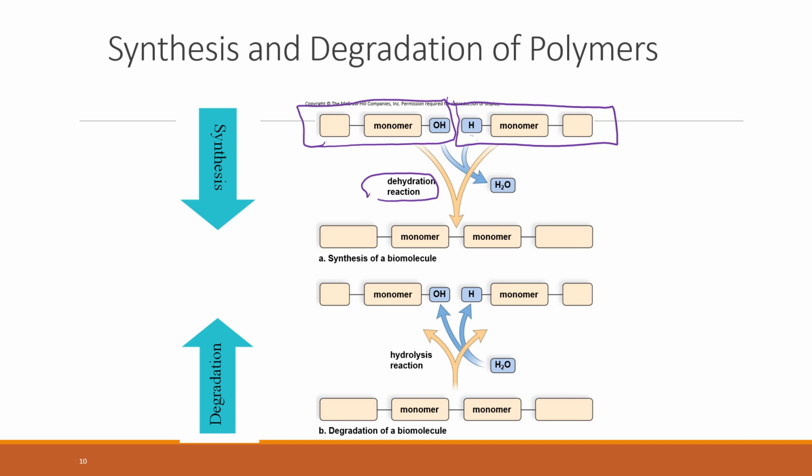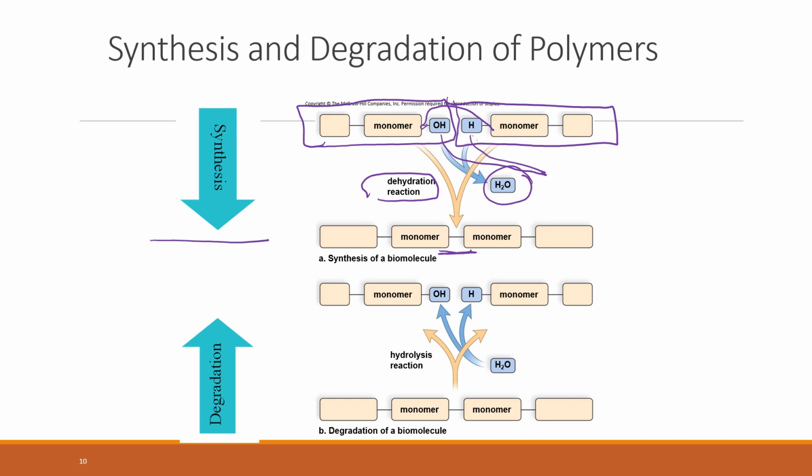So what you do is you take a hydrogen from one monomer and an OH from another monomer, that forms your water. And now this bond is going to be with the monomer. So you've linked them together by removing the water and joining them together. So that's dehydration synthesis.